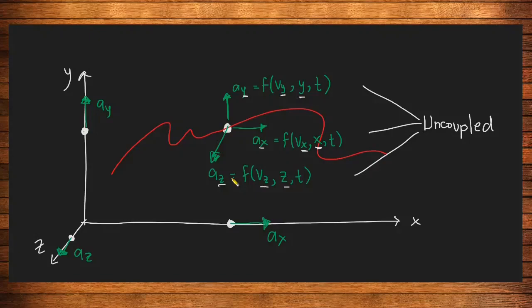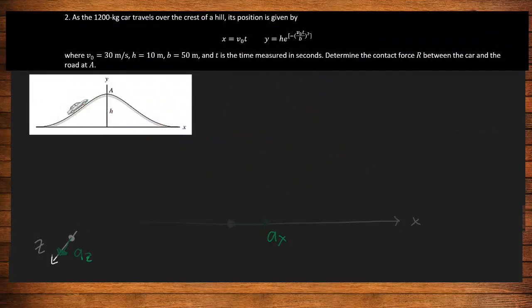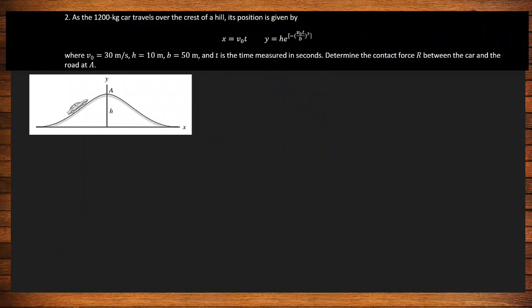Okay, so now let's take a look at some sample problems para mas maintindihan natin itong concept na to. So for our first example here, as the 1,200 kilogram car travels over the crest of a hill, its position is given by, okay, so merong given na equations for the position of our car along the x and then y direction.